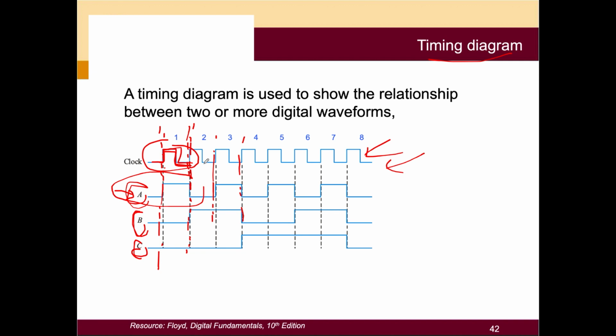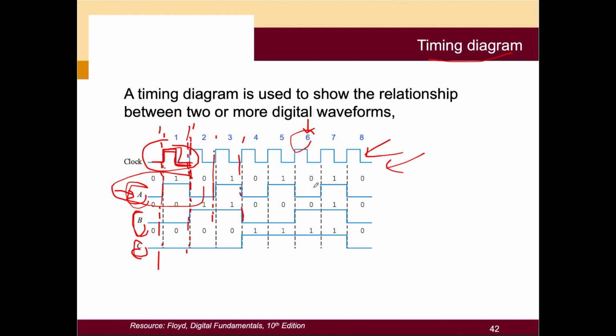So let's say you have 1, 2, 3, 4, 5 until 6, and for A you can see over here the 0101 correlation. Let's say you've been asked about the timing diagram, what happened at time 6.